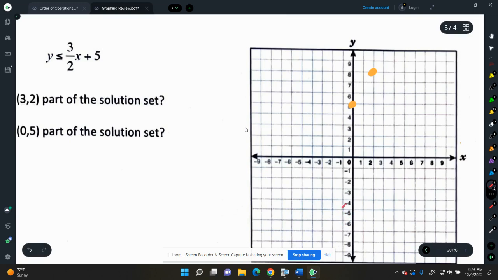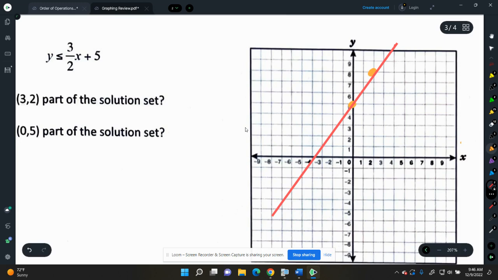Adriana, is this a solid or a dotted line? Solid. Solid line. How do we know that? Because it's less than or equal. Right, there's an equal sign underneath. So here's my solid line. Let's see here.